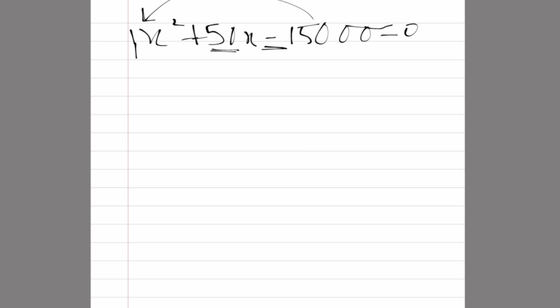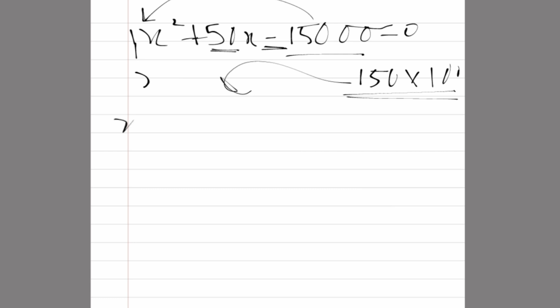So if we find the factors of 15,000, what we will get is the factors 150 into 100, right? If we subtract these terms, we will get 50 as the middle term, right?